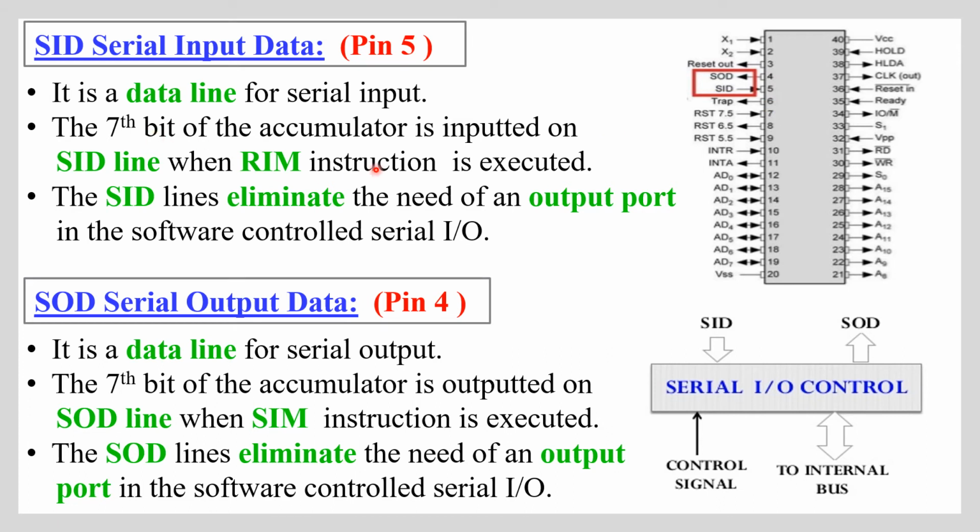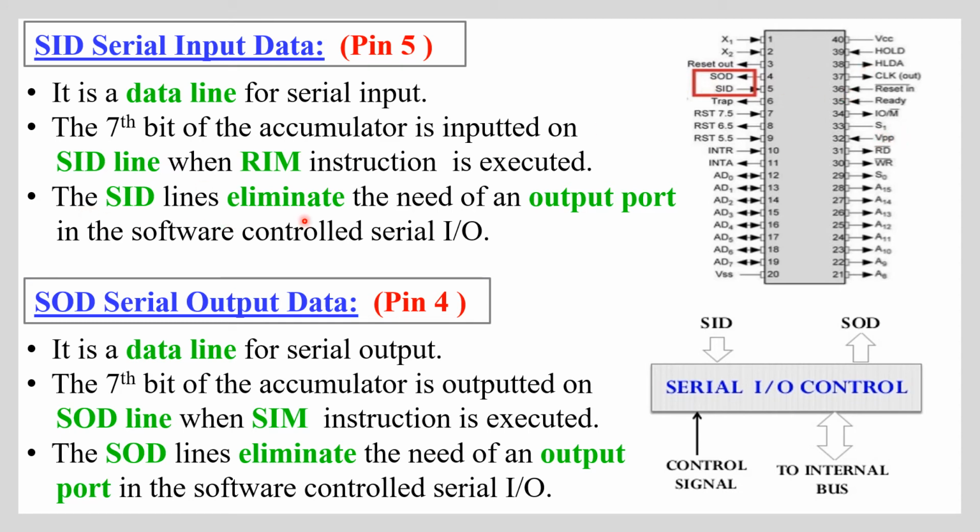The seventh bit of the accumulator, we will come to know what the accumulator is, is inputted on the SID line. So the 7th bit of the accumulator is connected to this line, and when the RIM instruction is executed, that is, when in the software you insert a RIM instruction, the data will be serially input.